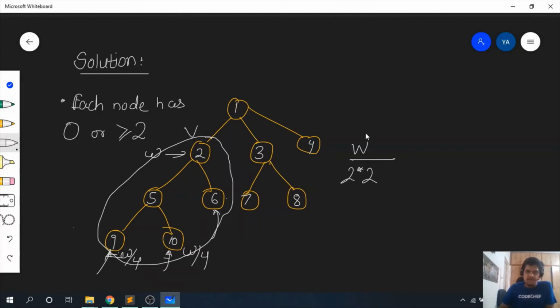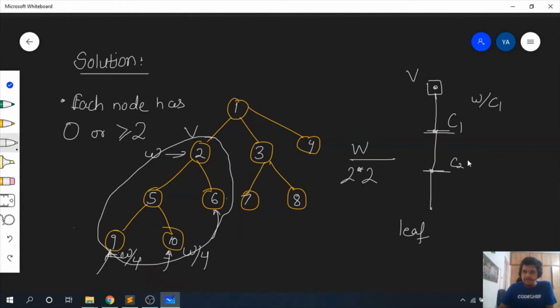So this is clear. This can be represented as, say, this is a node V and we are going down the tree. Say this level has C1 children, the next has C2 children, and so on up to the leaf. At this level, each node will have W upon C1 tasks, and if it is a leaf, it will end there.